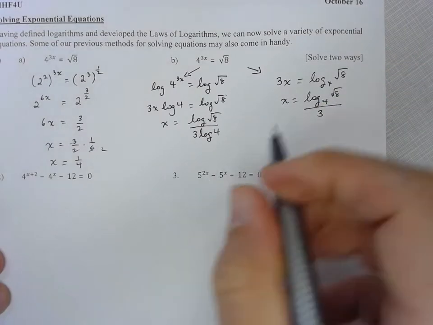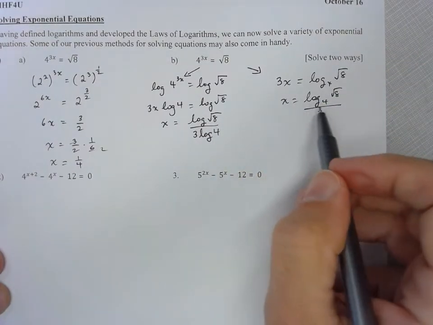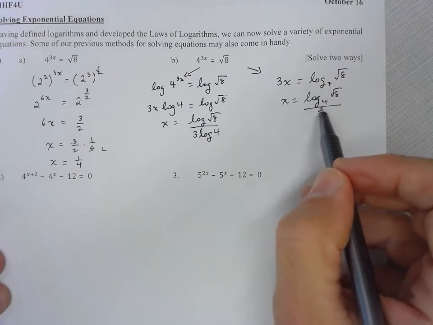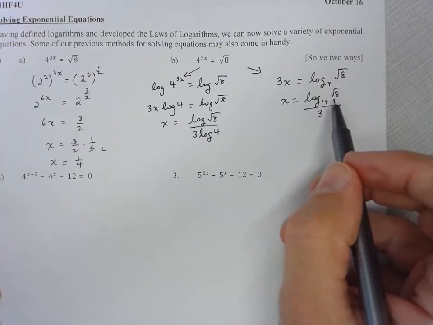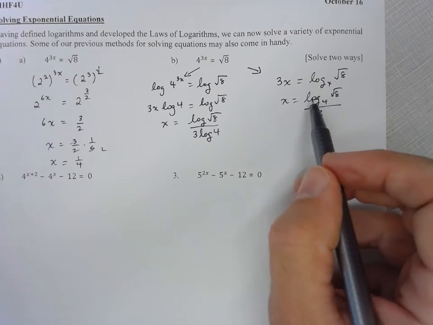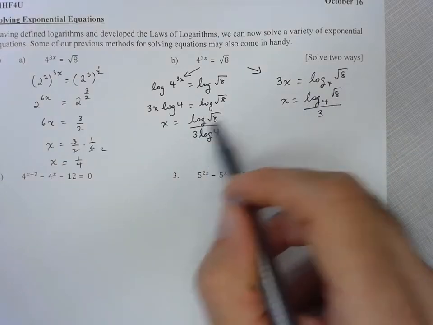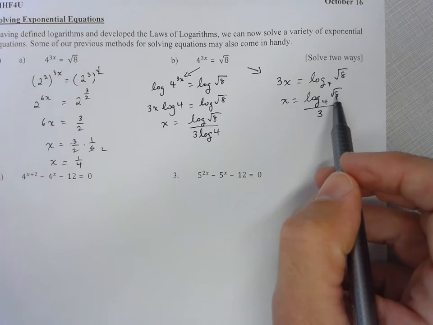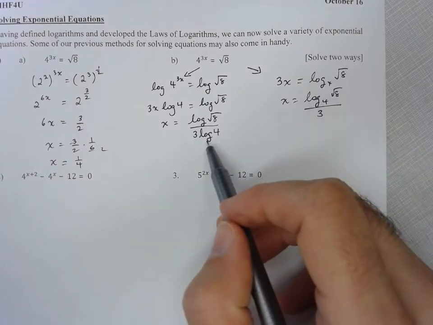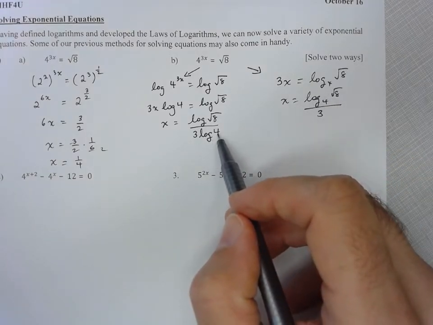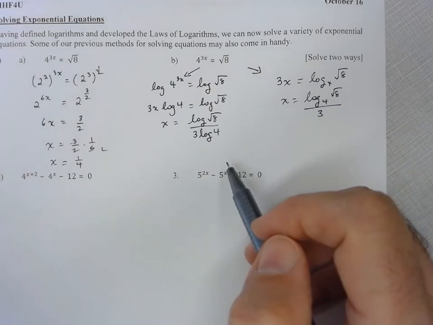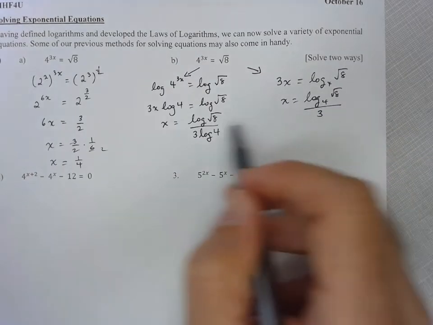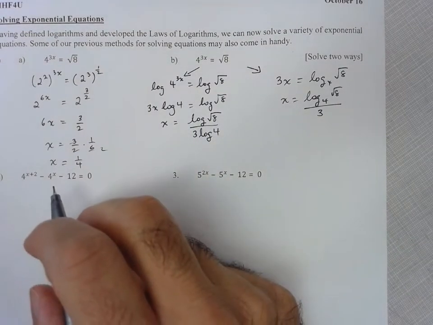And if you think about it, these are equivalent, since if I were to apply the change of base formula to this expression, remember what the change of base formula is. I take the logarithm of the new base of the original input over the logarithm of the new base of the original base. So it'd be log root 8 over log 4, and then the divided by 3 gives me something equivalent.